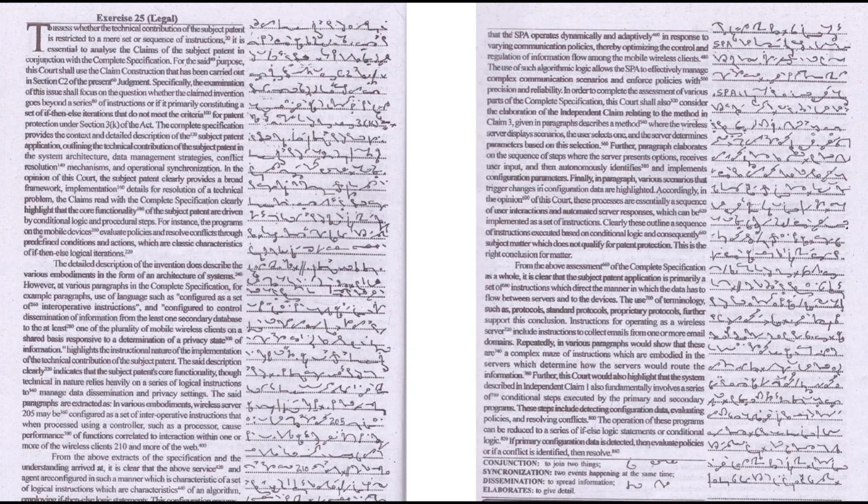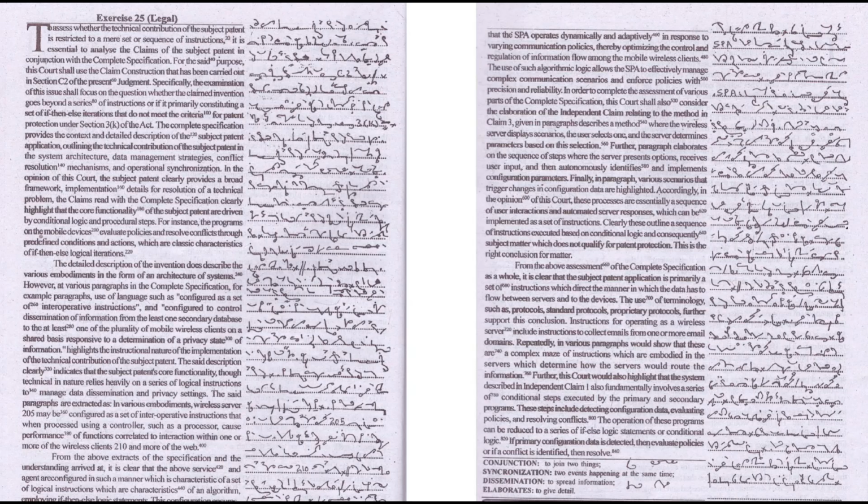the elaboration of the independent claim relating to the method in Claim 3. Given in paragraphs, it describes a method where the wireless server displays scenarios, the user selects one, and the server determines parameters based on this selection.